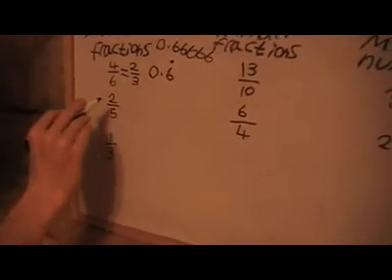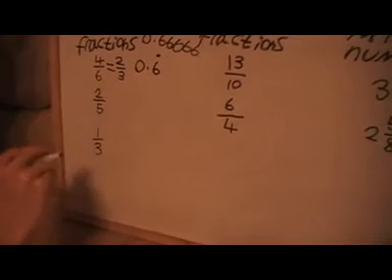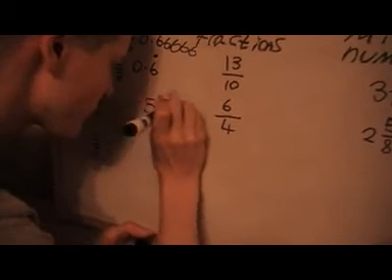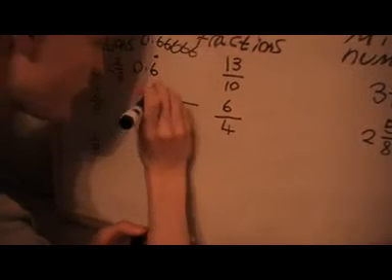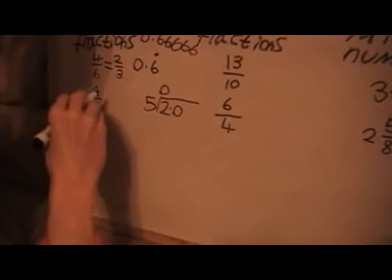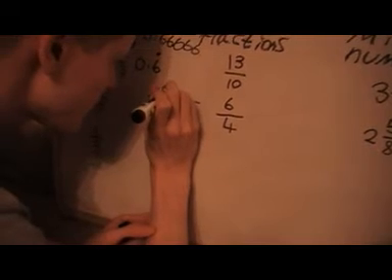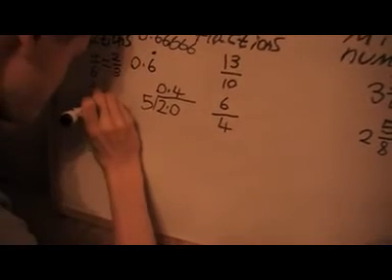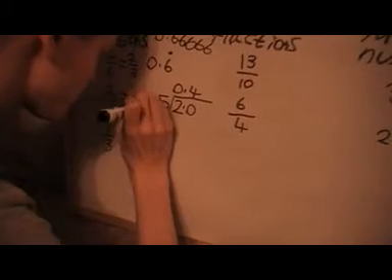Next one's going to be 2/5. So again, we're going to do a division. 5 into 2 is 0. So now that's going to be 5 into 20. And that goes 4. So that one's going to simplify to 0.4.